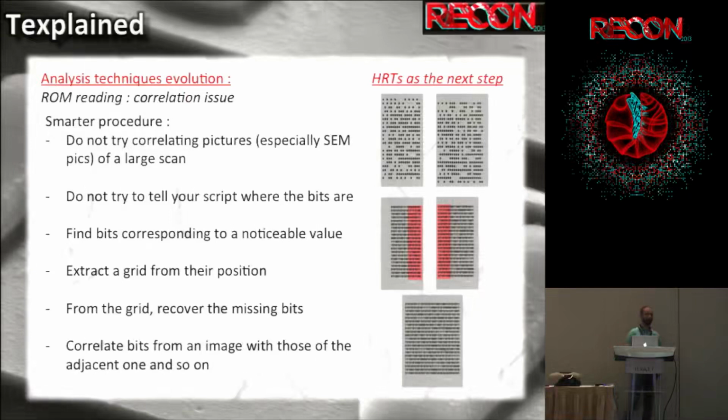What you correlate now is not pixels together, it's bits together. And this is faster, with fewer errors, and easy. It's very straightforward. This is the basic principle for everything, because on a chip, every feature lying on the core, for example, is on a grid.